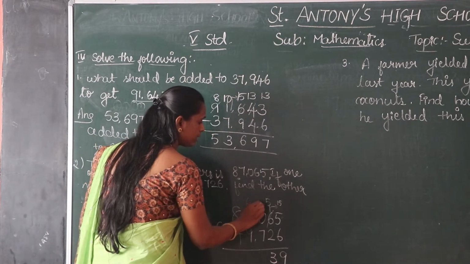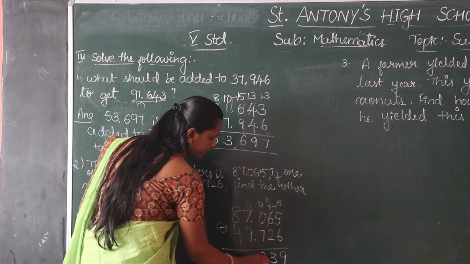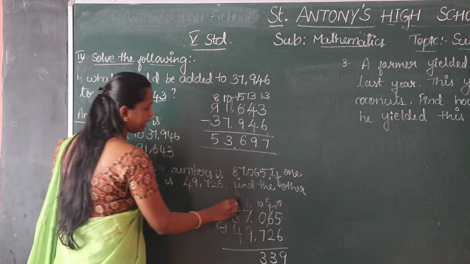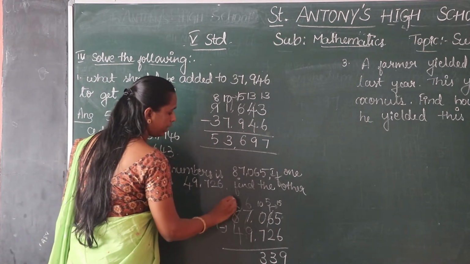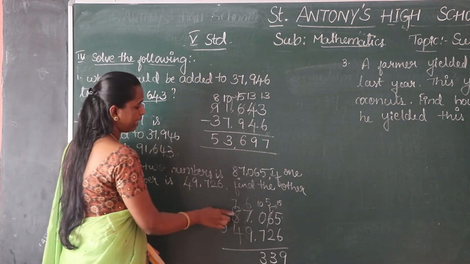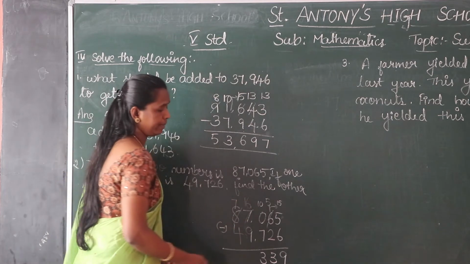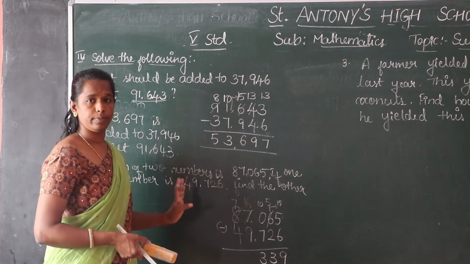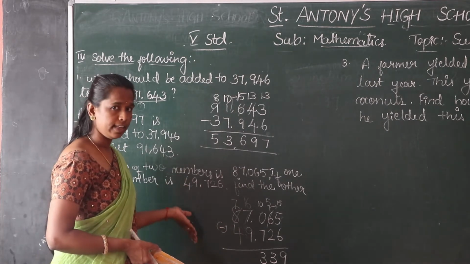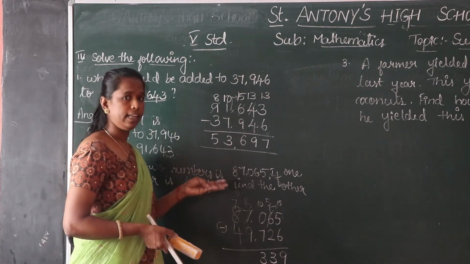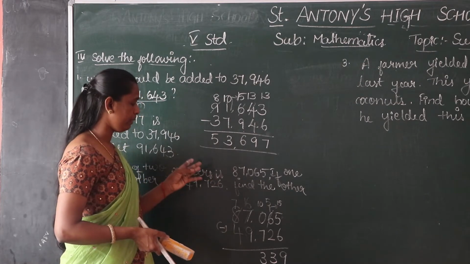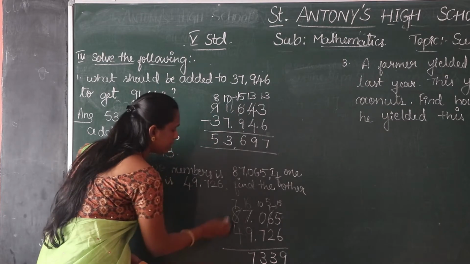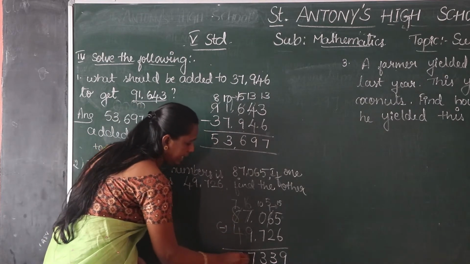So this 0 becomes 10. 10 minus 7, 3. This 6 minus 7 is not possible. Take borrow from the 10,000 place. This becomes 7. And then this 6 becomes 16. 16 minus 9. So count from 9 to 16: 10, 11, 12, 13, 14, 15, 16. Answer is 7. So 7 minus 4, 3.